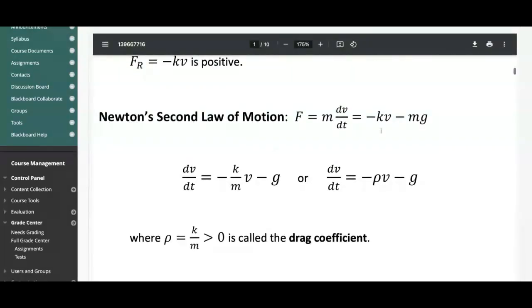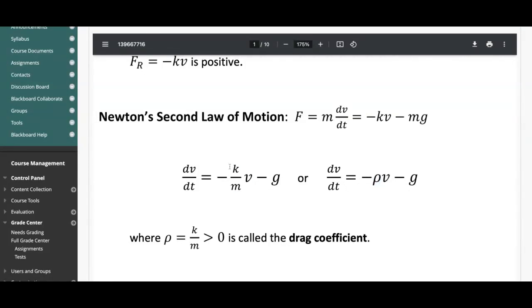Okay, so we can rewrite this equation in this case, dv/dt equals negative kv divided by m minus g. Or as Ryan used the notation, this looks like a p, but it's read as rho, not phi. Phi is another one. So dv/dt equals negative rho v.